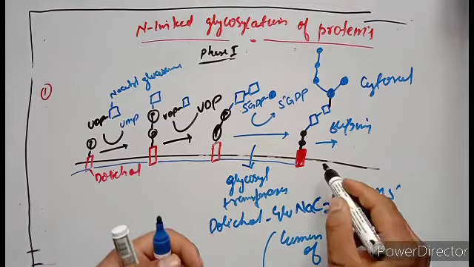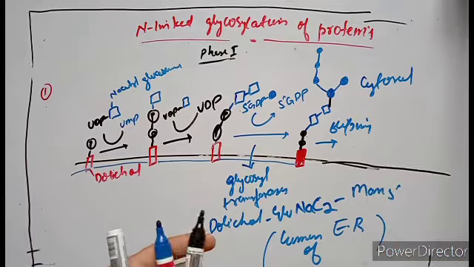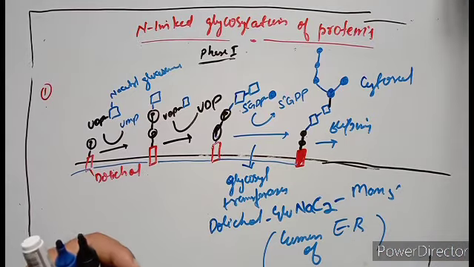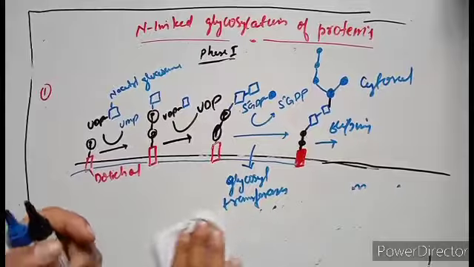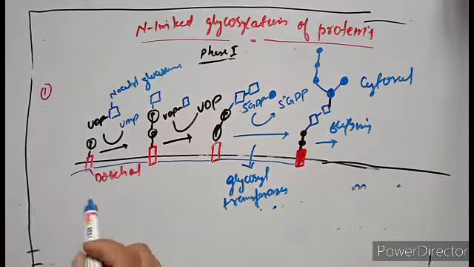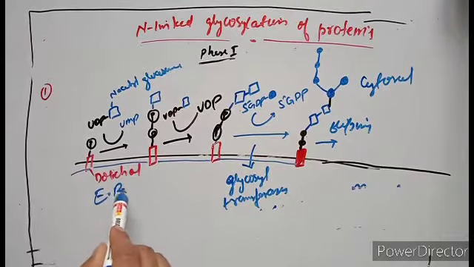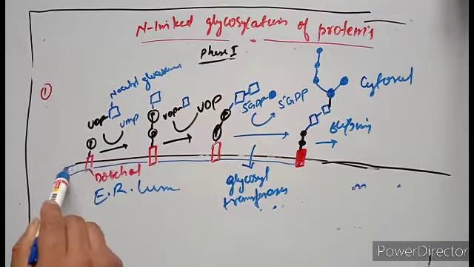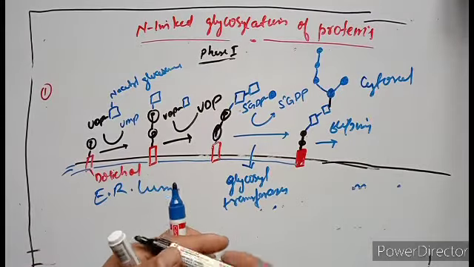If we draw the diagram here, it is like this. I will rub this. This is the endoplasmic reticulum lumen, and the outside is the cytosol.